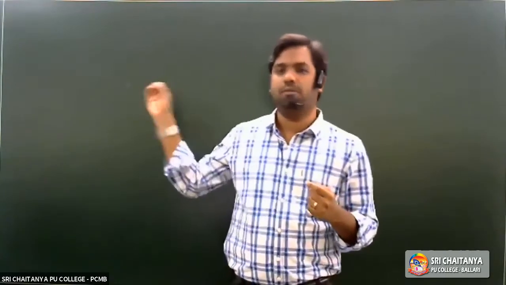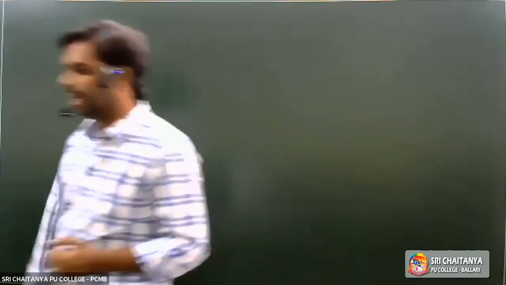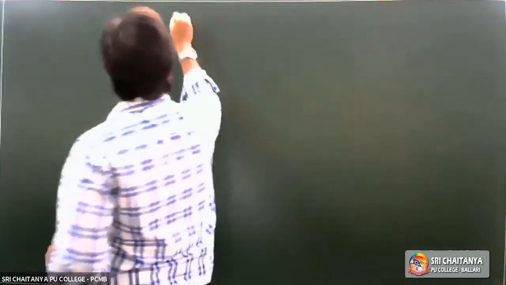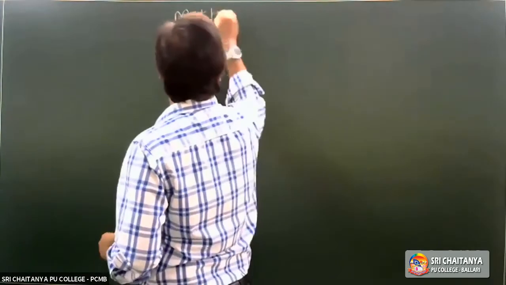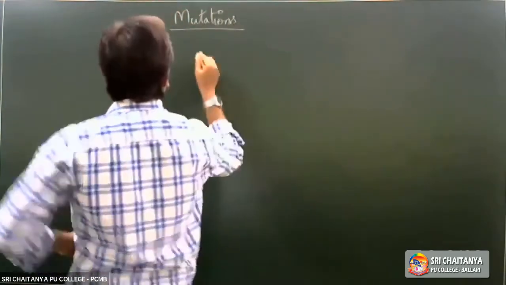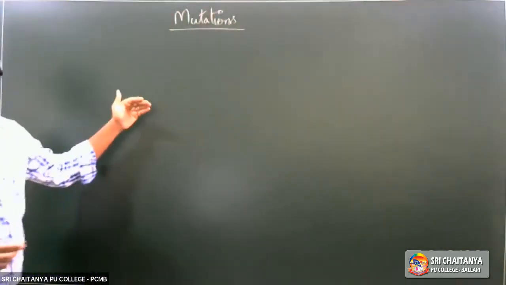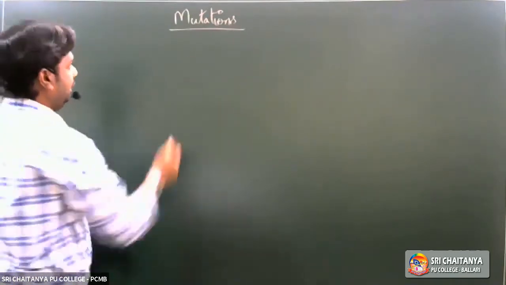So let's start off with this topic, classification of mutation. Mutations could be broadly classified under two major categories. Let's first take up the classification, then we'll get into each one in detail.